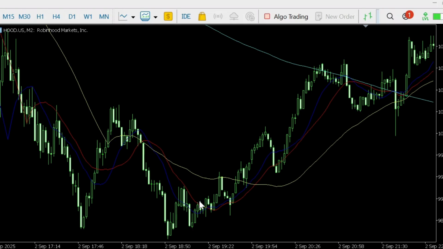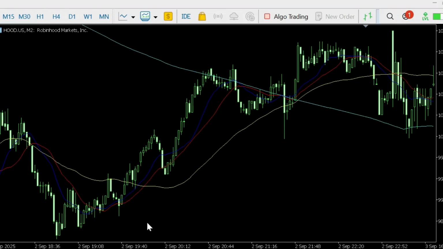All right, something dramatic happened here when the price began to move towards the upside, moving above these three moving averages. At that point, you know that the trend is about to change.